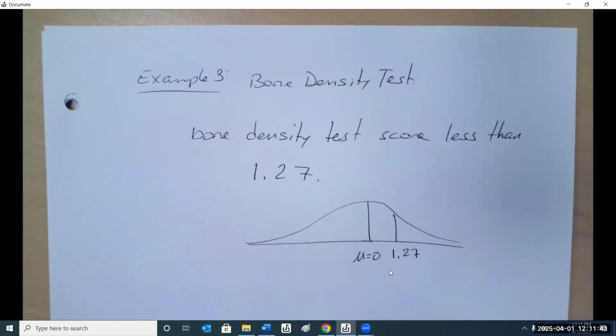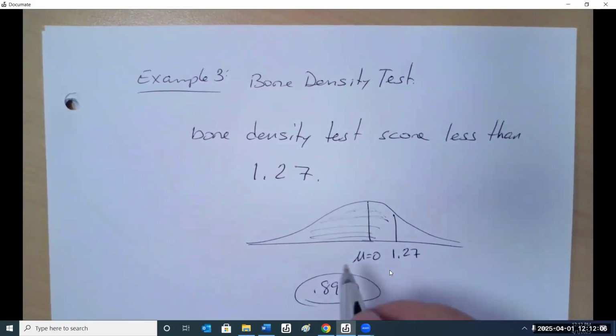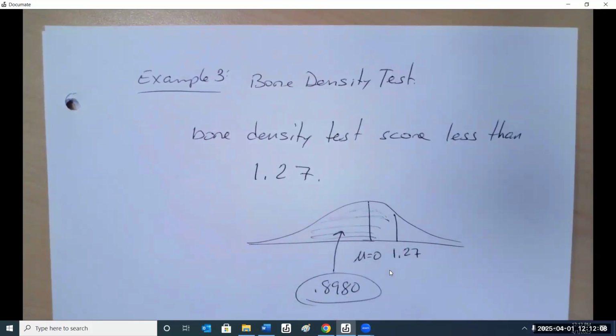So which side am I shading, left or right? Left, because it says less than. So what's the answer? Very good.